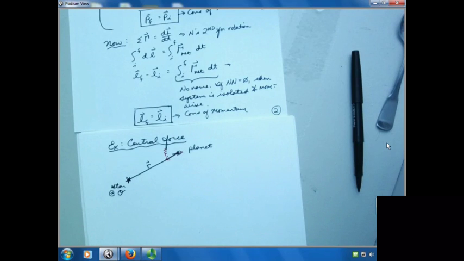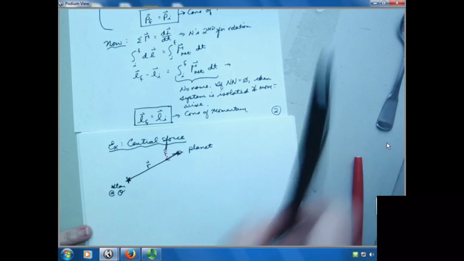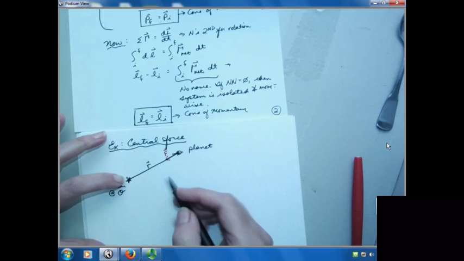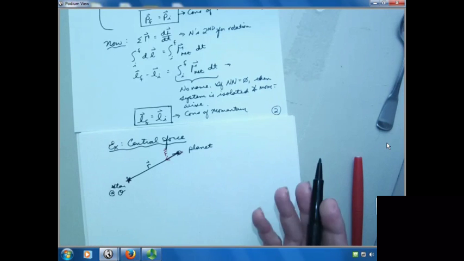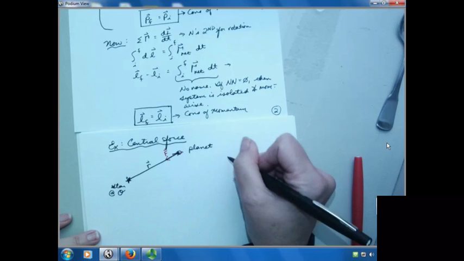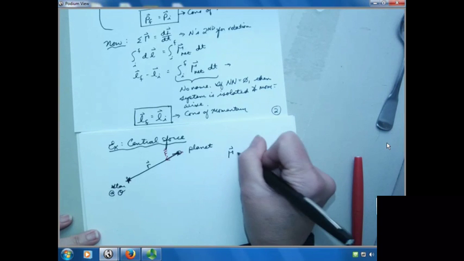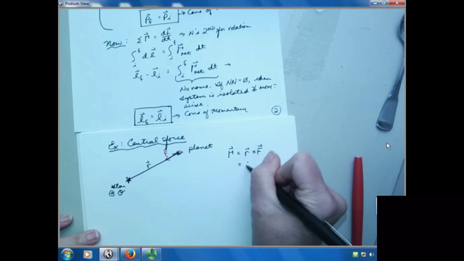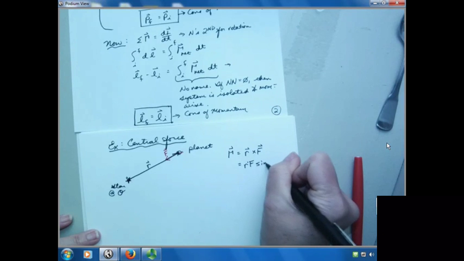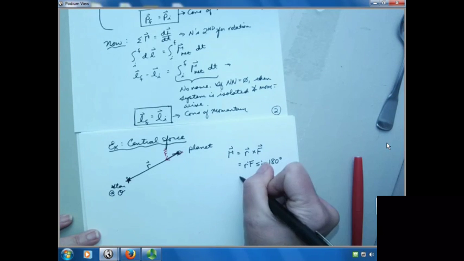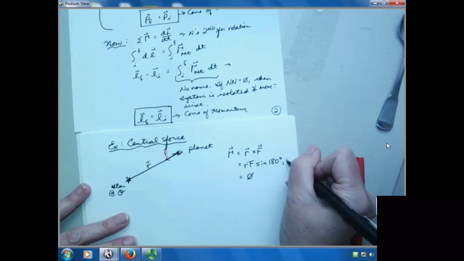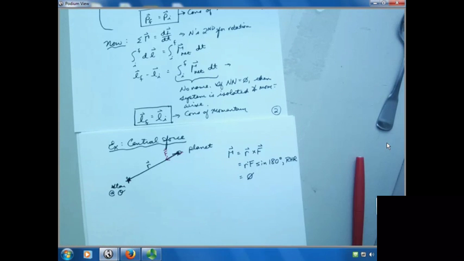It is anti-parallel to R. So the torque due to this force from the star on the planet, this is my only system, this is the only other force acting on it, the torque is R cross F. In this case, that would be R times F times the sine of 180 degrees, also known as 0. I should have noted there would be a direction here, but that would be the right-hand rule. But in this case, it's undefined anyway, so 0.